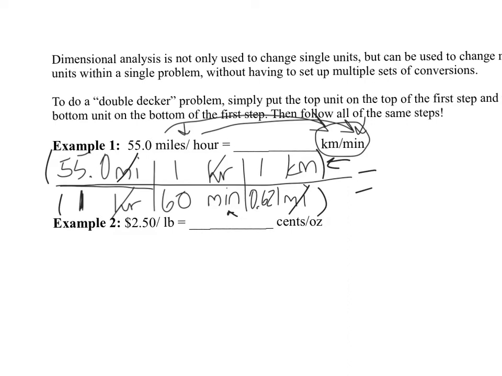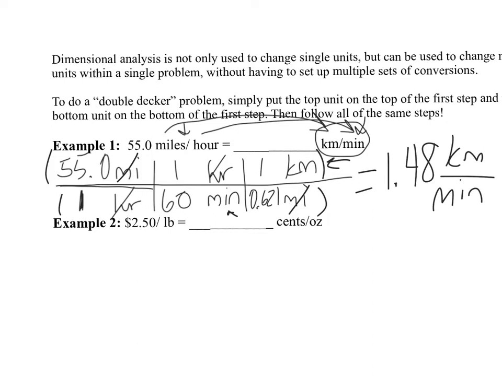So I get 55, if I start parentheses, 55 times 1, close parentheses, divided by 1 times 60 times 0.621, close parentheses. Everything on top divided by everything on bottom, and that tells me that 55 miles an hour is actually equal to 1.48 kilometers per minute. Right? Kilometers over minute.